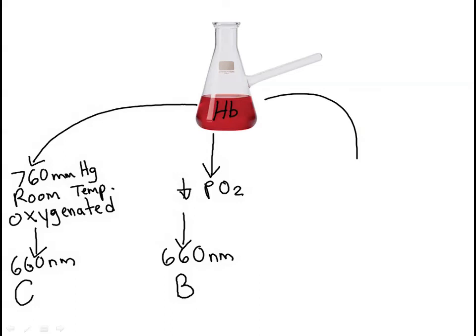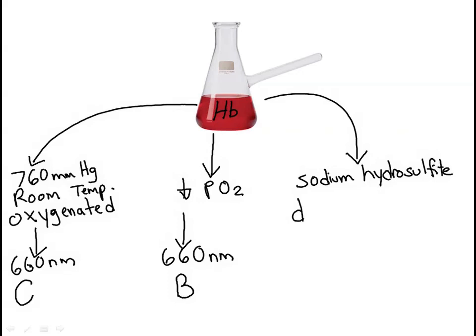So to completely deoxygenate the hemoglobin, you can add sodium hydrosulfite. Sodium hydrosulfite will deplete the sample of oxygen to a level that's not achievable with the vacuum apparatus that we have in the lab.